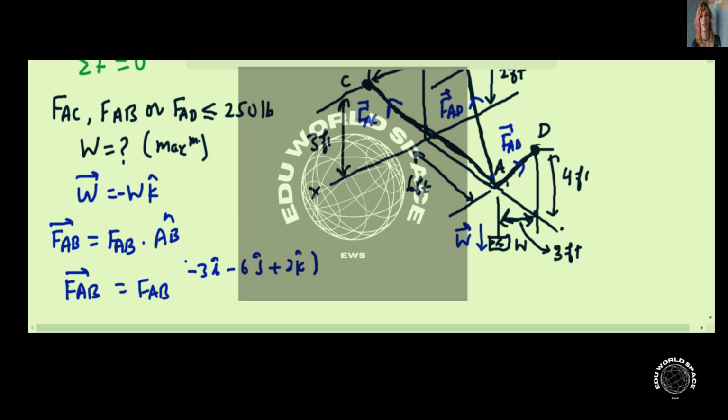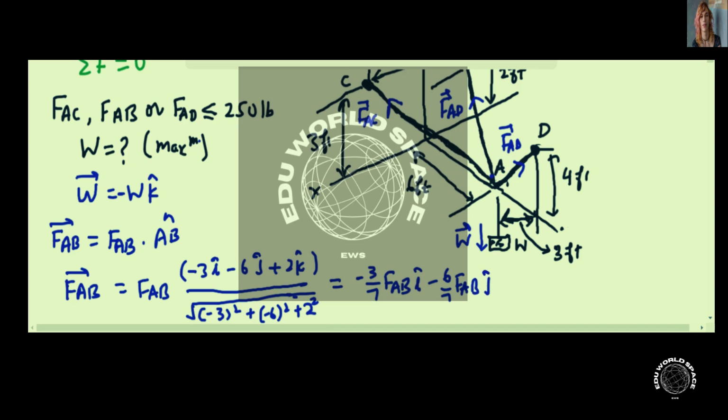To find its unit vector, we have to divide by its magnitude: square root of minus 3 squared plus minus 6 squared plus 2 squared. So this could be written as minus 3 by 7 FAB i cap minus 6 by 7 FAB j cap plus 2 by 7 FAB k cap.